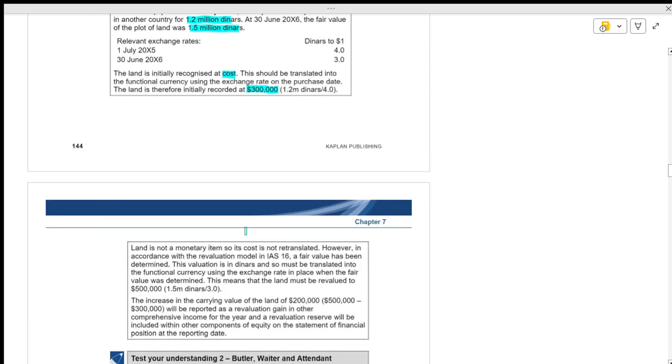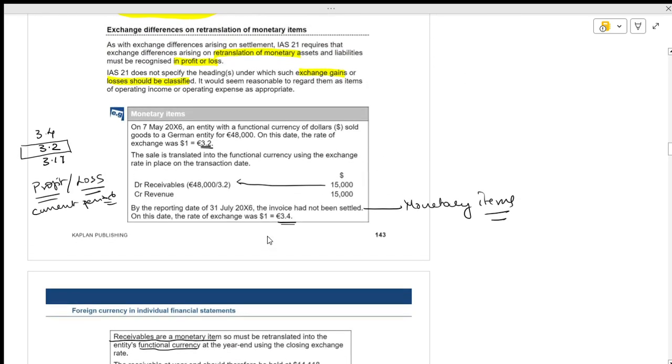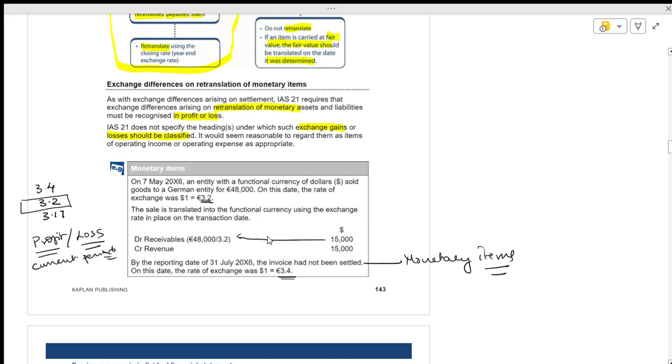Now, land is not a monetary item, so it is not retranslated. However, in accordance with the revaluation model, I will go back to that. Exchange differences arise on retranslation of monetary items.